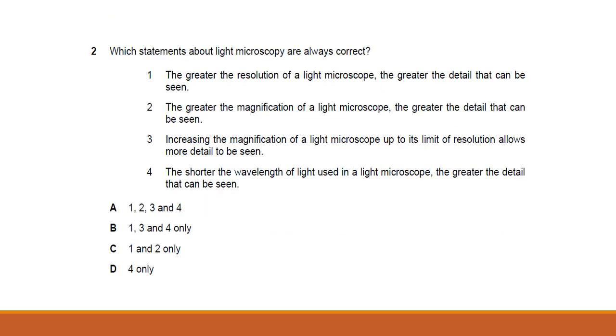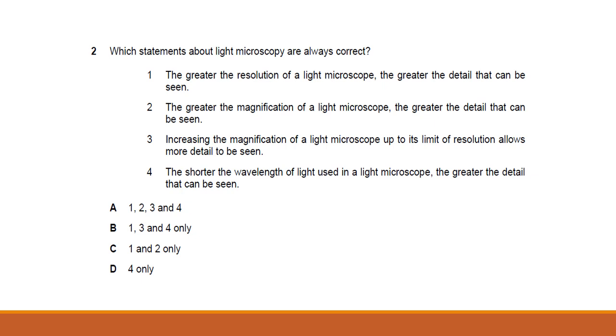Let's look at number 2. Which statements about light microscopy are always correct? All right. So the first statement says the greater the resolution of a light microscope, the greater the detail that can be seen. That's true for any microscope at all. If you have a microscope with a high resolution, it basically means that you can see a lot more detail, right?